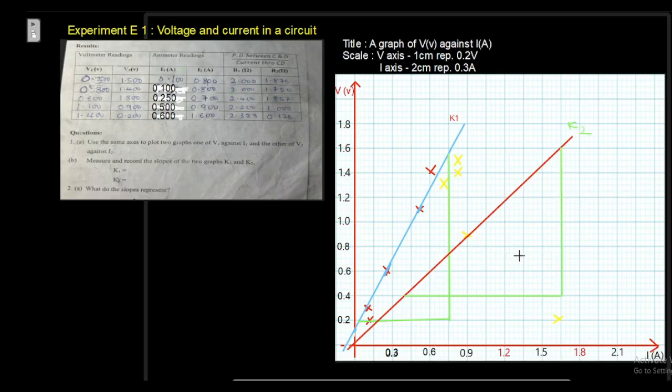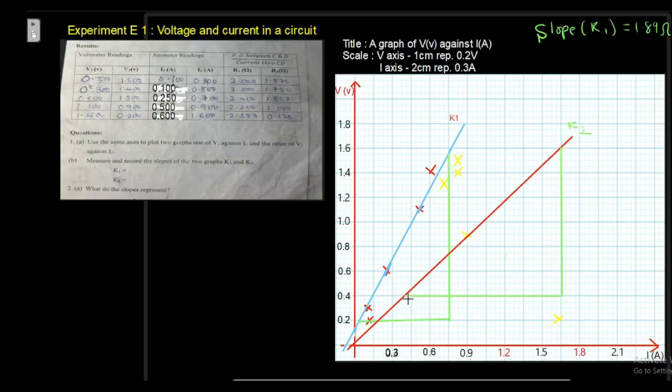Now to calculate the slope again, don't forget the slope for K1. We already calculated it to be 1.89 ohms. K1 is 1.89 ohms. Now K2 is what we want to calculate. Again, we choose any 2 points on this line of best fit.